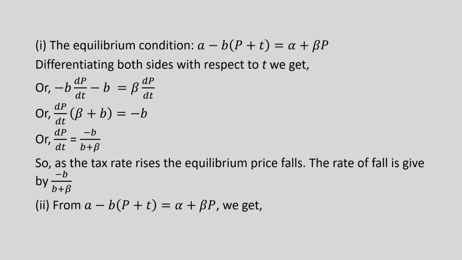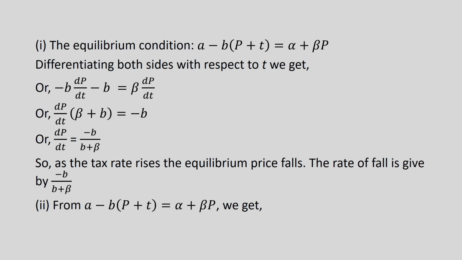Now, this is the equilibrium condition, and differentiating both sides with respect to T, here we are basically using implicit differentiation. On the left hand side small a is constant, that drops out, minus b multiplied by dp dt minus b multiplied by dt dt, which is just equal to 1.